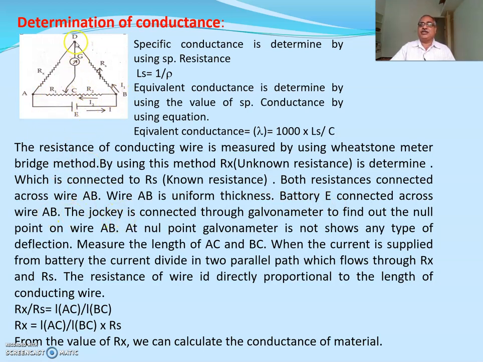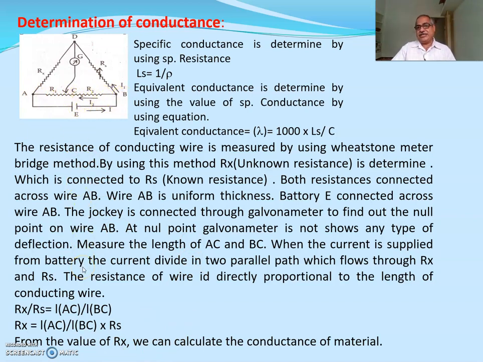The jockey is connected through the joint of the known and unknown resistances, through a galvanometer, to find the null point on wire AB by sliding the jockey on wire AB. Null point means the point at which there is no deflection on the galvanometer, neither positive nor negative, and then we measure the lengths AC and BC.